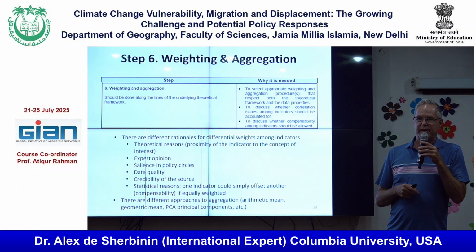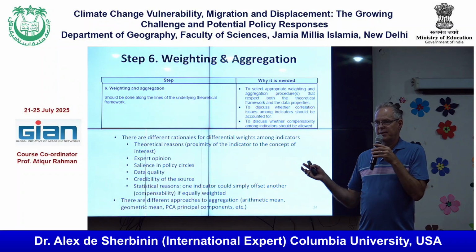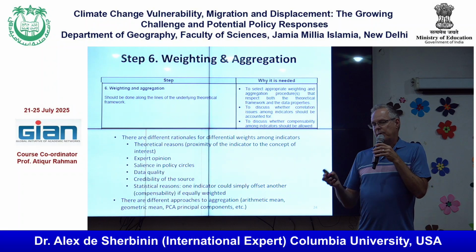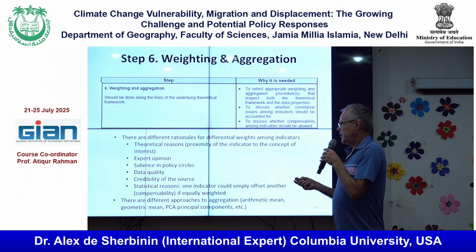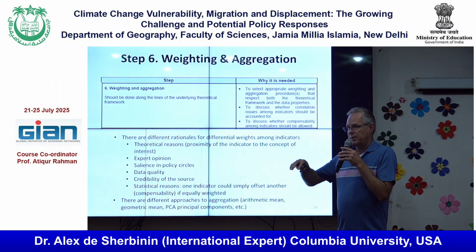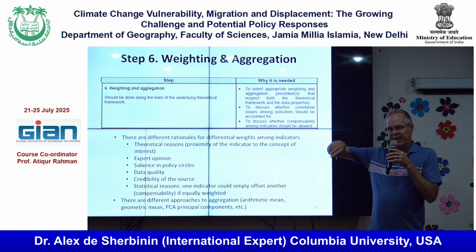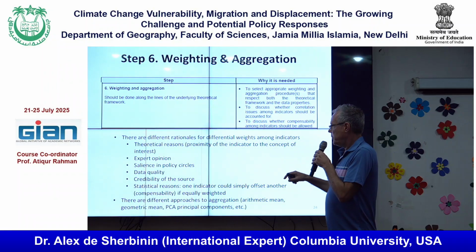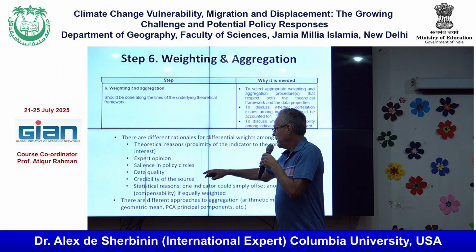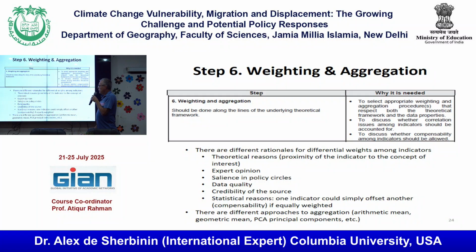Back in the late 2000s, climate was important, but not as important as in the last decade. When we started developing the EPI, the climate element was part of the overall ecosystem vitality portion, and we broke that out and made it a separate component as it became more salient. Data quality: you might want to weight some indicators more because the data are of higher quality. The credibility of the source, I talked a bit about that yesterday.